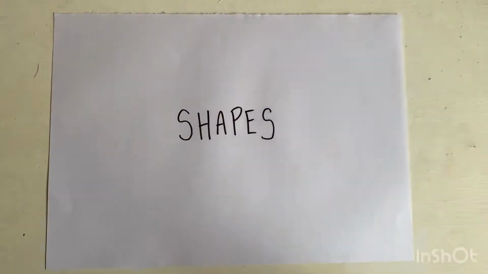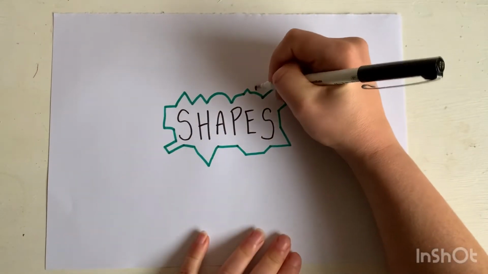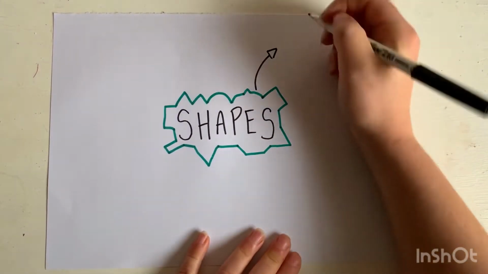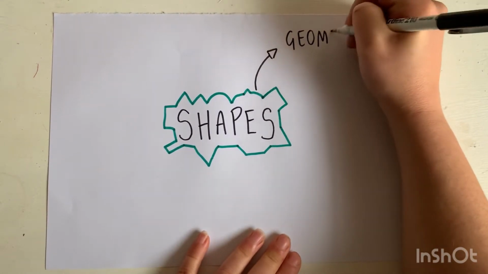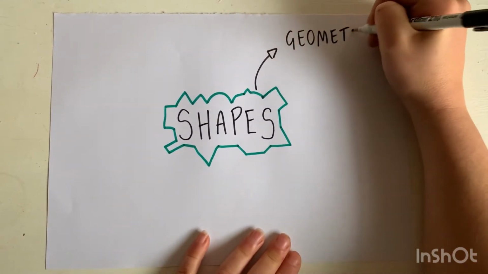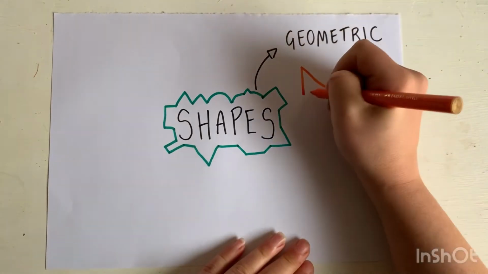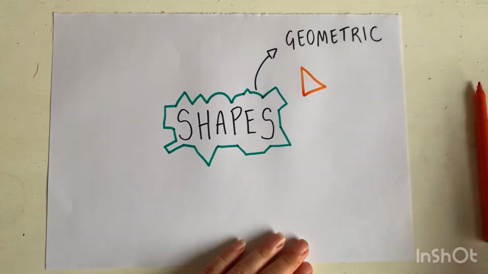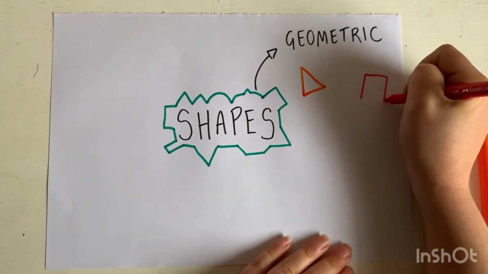So today we're talking about shapes. Now shapes are anything you can outline with space in the middle. We have geometric shapes, which are the shapes that we all know because we can name them. We have the triangle. We have a square.